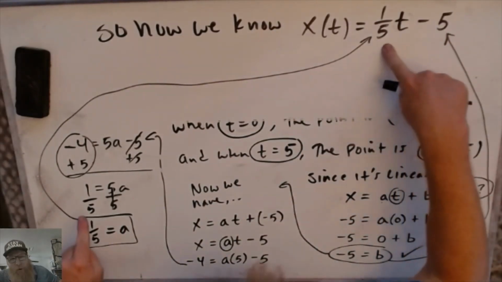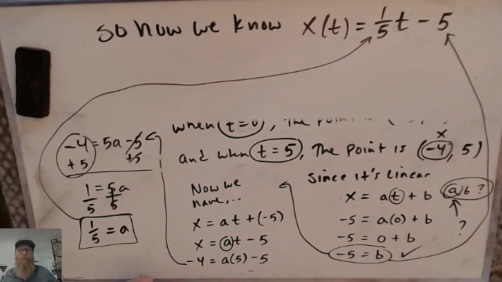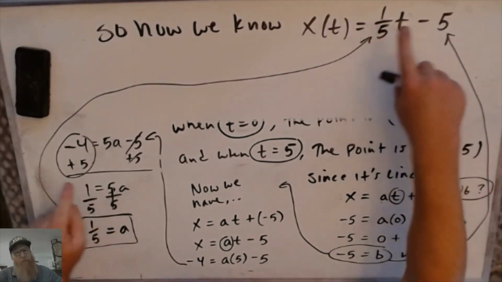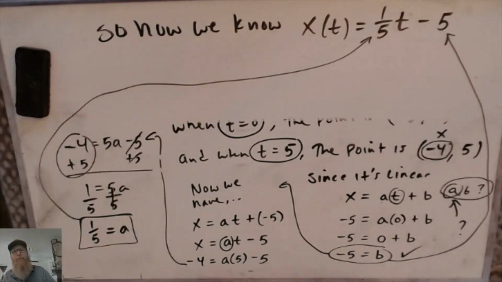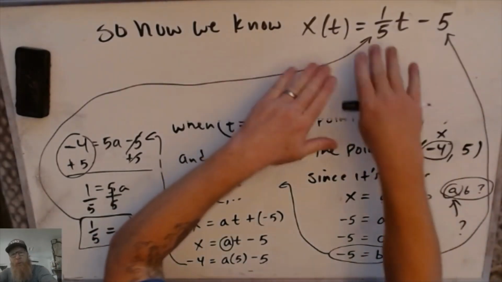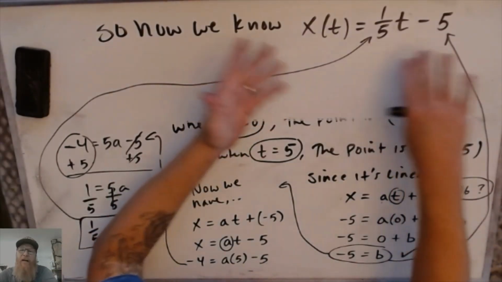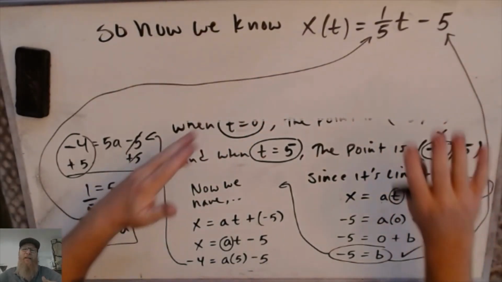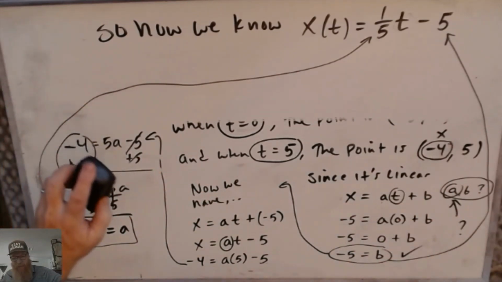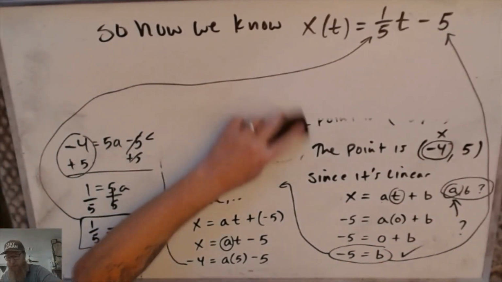A is 1/5. I almost wrote 1/5 a. That would be a mistake. Okay. All of your work should be put into finding the parameterization for x. Once you find the parameterization for x, finding it for y is going to be much easier.